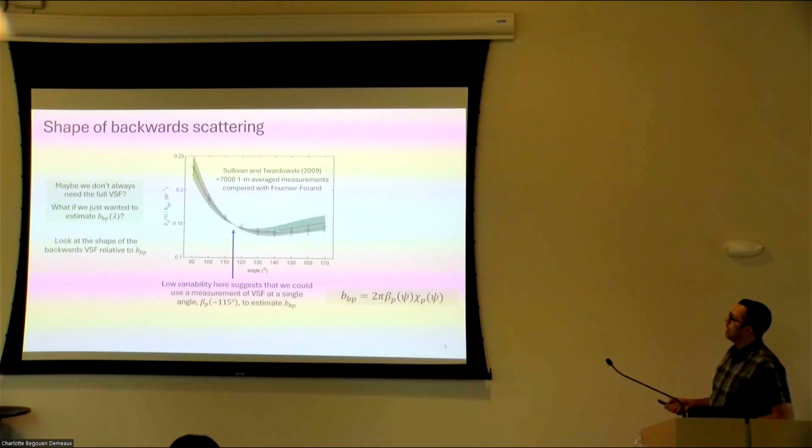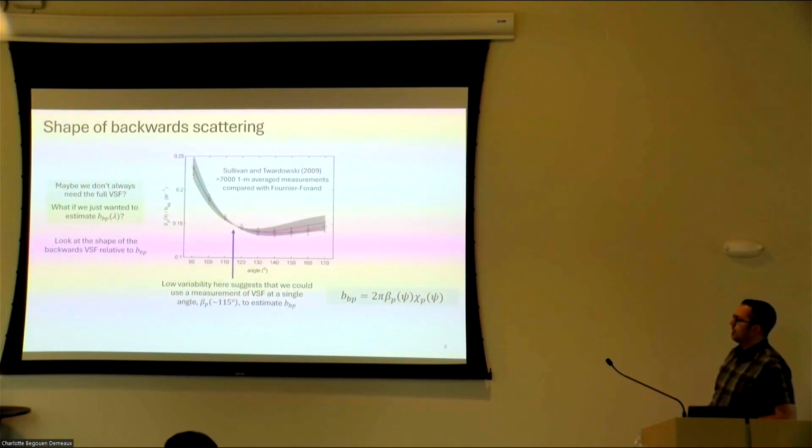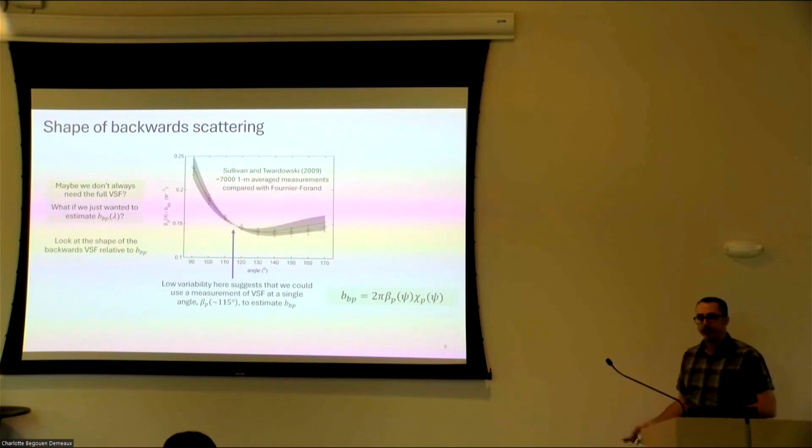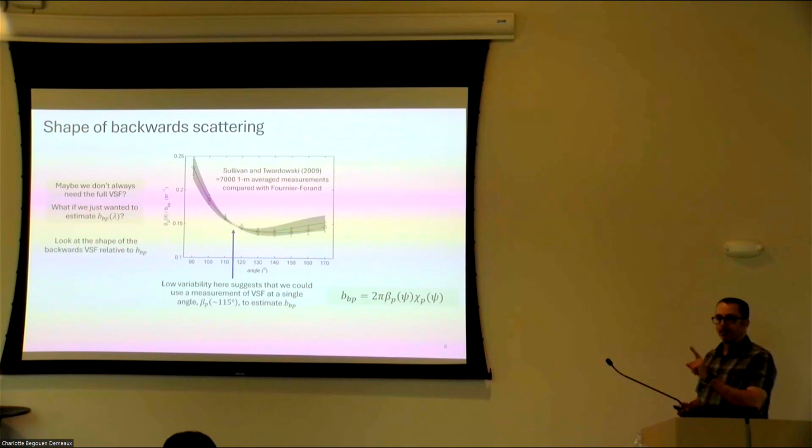So this is a pretty wide range of conditions, and there's an area where there's very little variability. That suggests that we could actually use measurements of VSF at a specific angle to estimate the backscattering coefficient. So instead of measuring the full VSF and trying to integrate it, we could just measure it at one angle and then empirically connect the two.